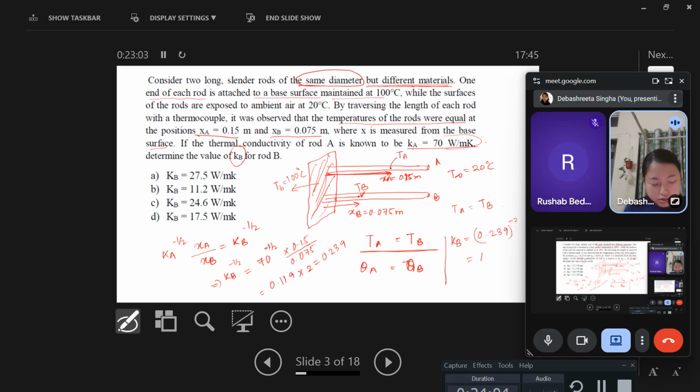Did you get it like this? I have solved it on this screen itself, this one and this one.